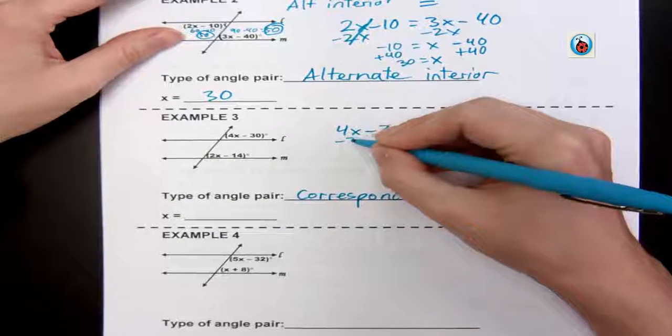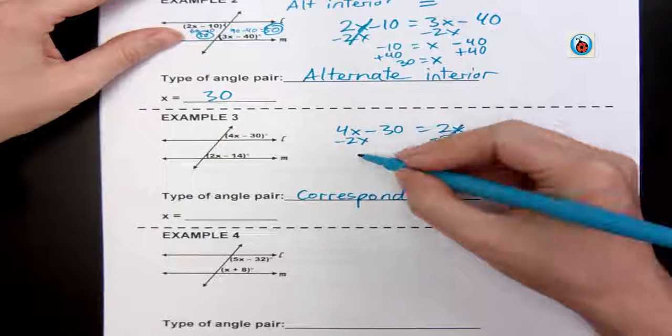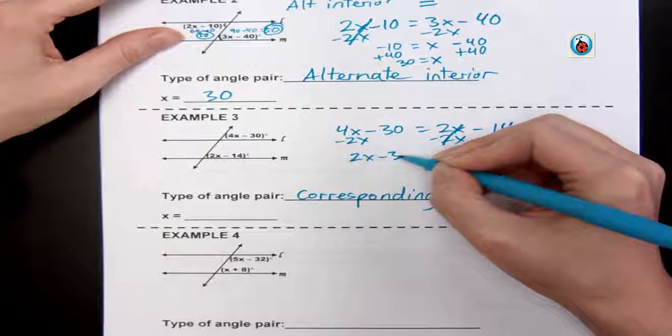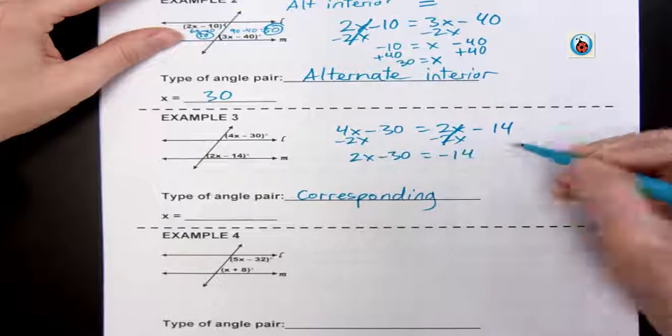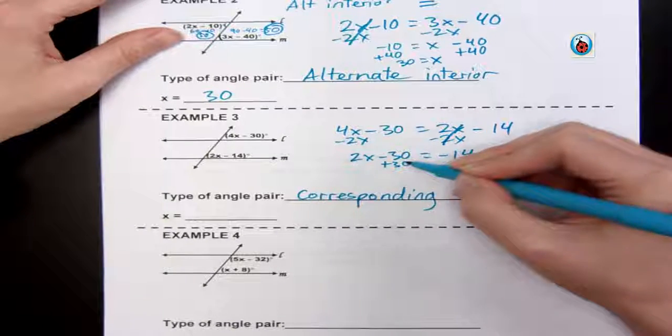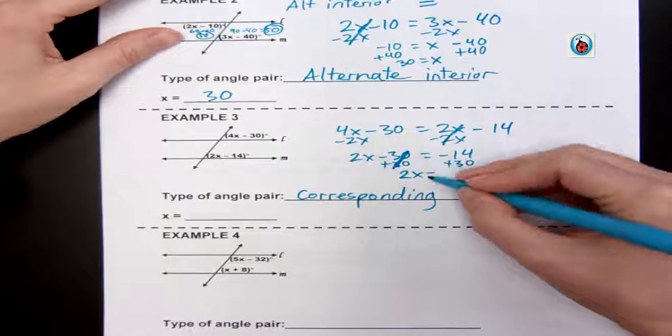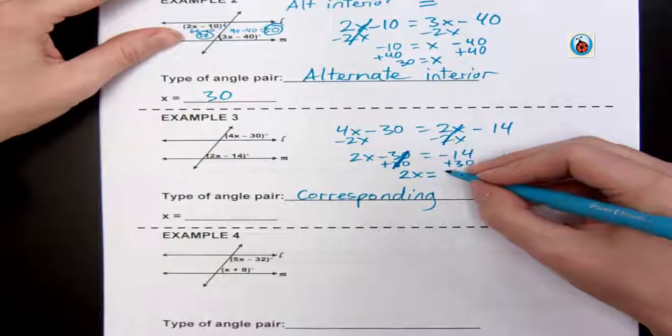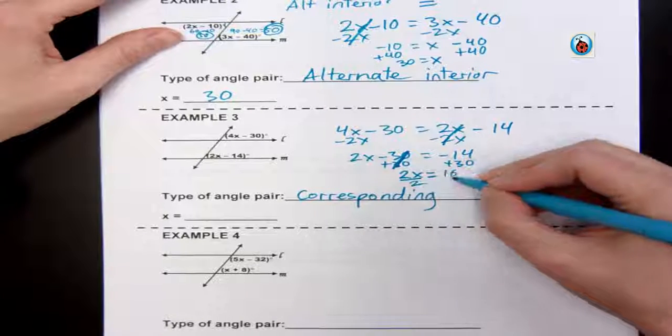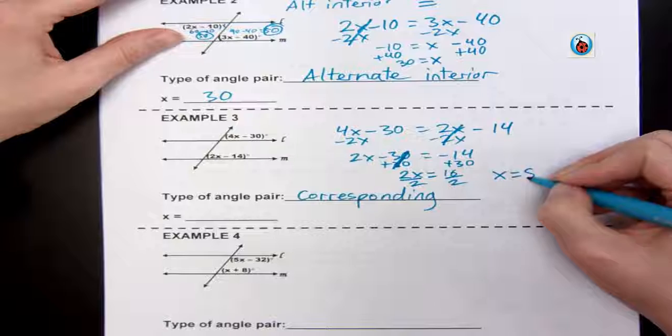And I solve it. Cancel out that. Give me 2x minus 30 equals negative 14. I add 30 to get 2x equals 16. And then I divide to get x equals 8.